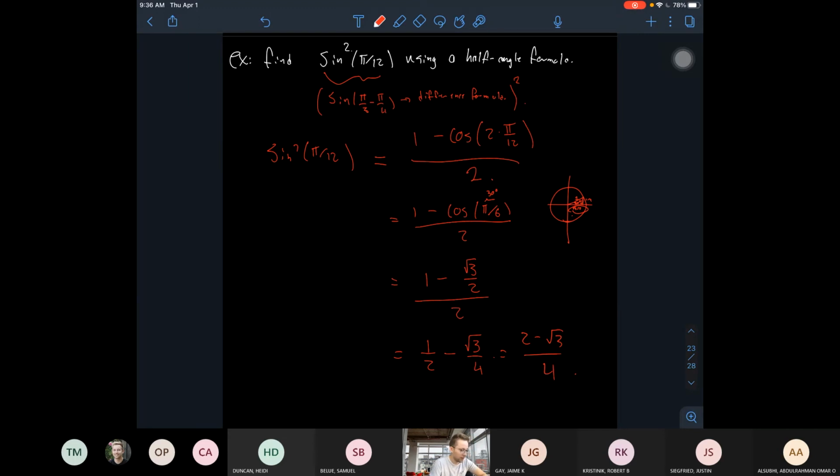Okay, so again, trig is really one of those areas of math which is, in a way, really beautifully connected, in the sense that if you want to approach a problem, you have a lot of options.